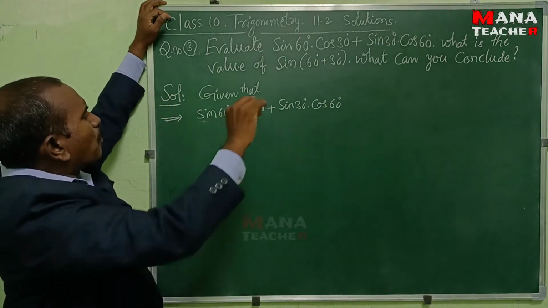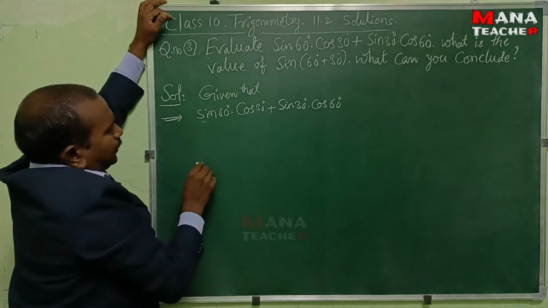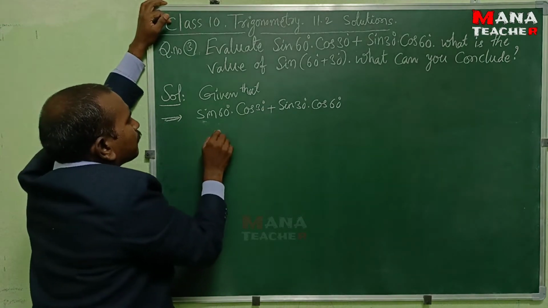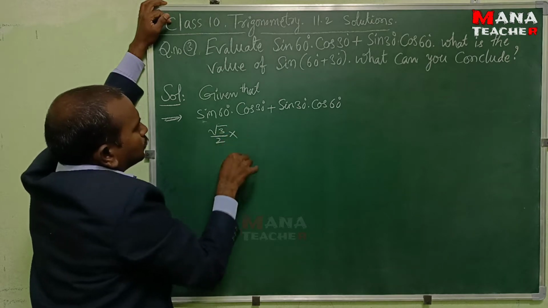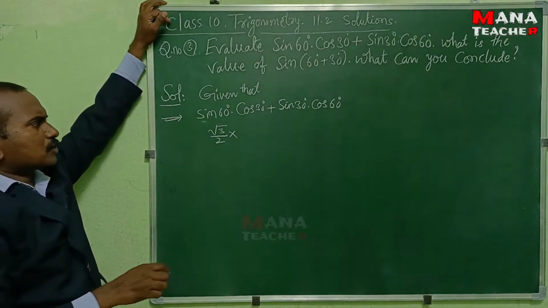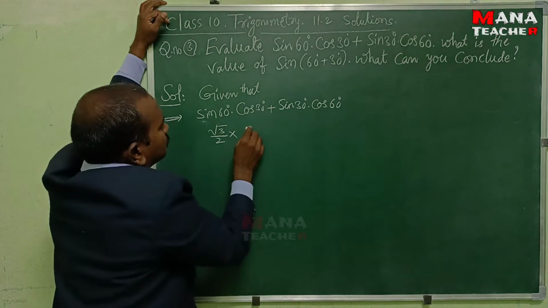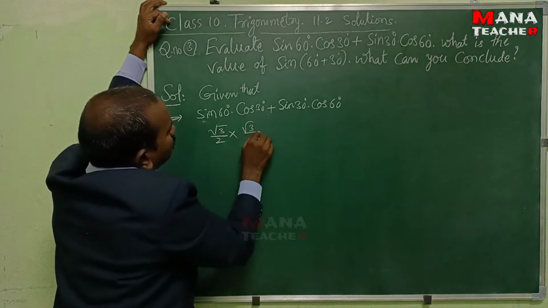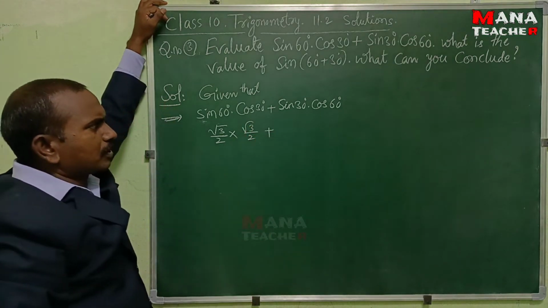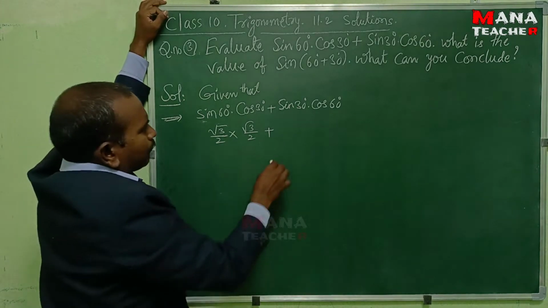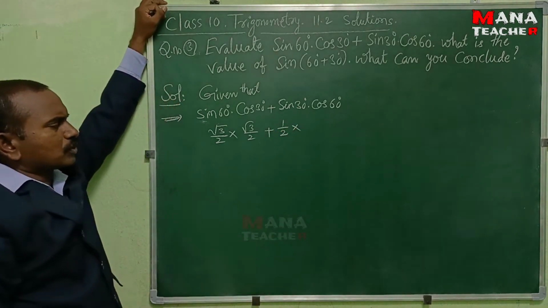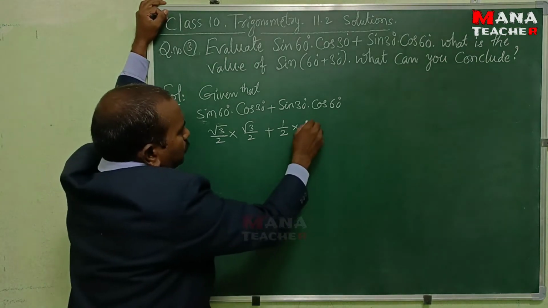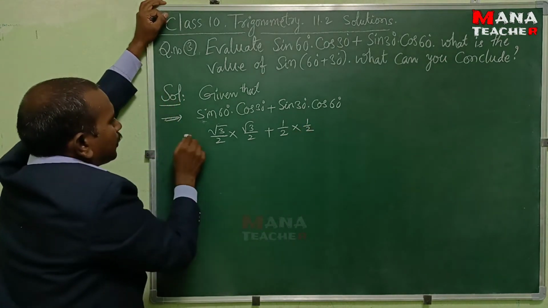Now sin 60 value is root 3 by 2 into cos 30 value, also root 3 by 2, plus sin 30, 1 by 2, into cos 60, also 1 by 2.